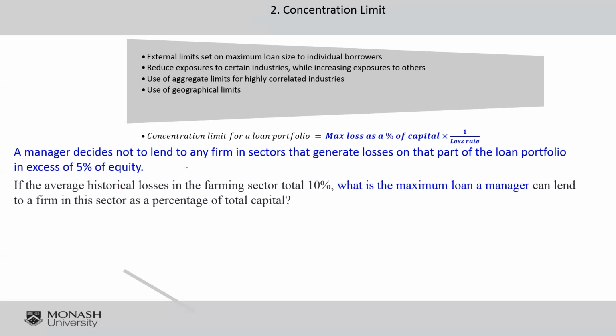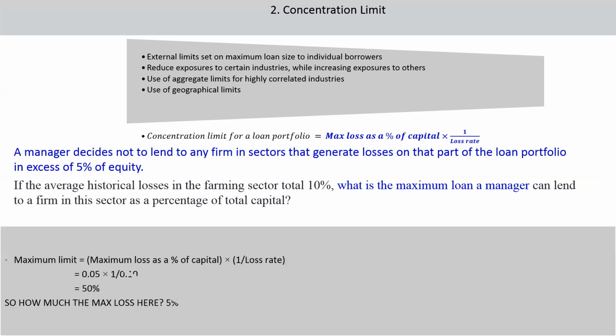So a manager decides not to lend to any firm or sector that generates losses on that part of the loan portfolio in excess of 5%, for example. Look at this example.